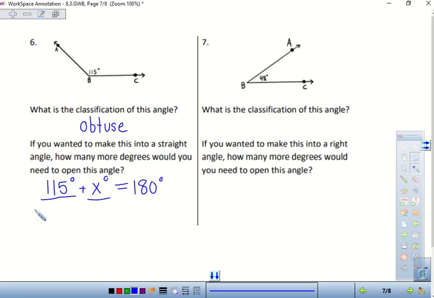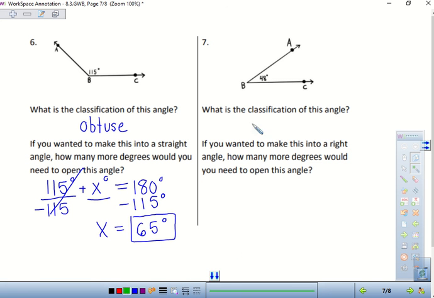So we subtract 115 on both sides, which gives us X equal to 65, right? So 65 degrees more we would need to make it into a straight angle. Everybody see how we got that?